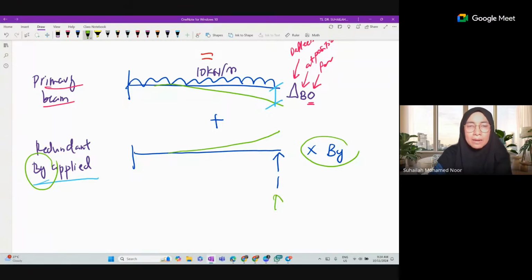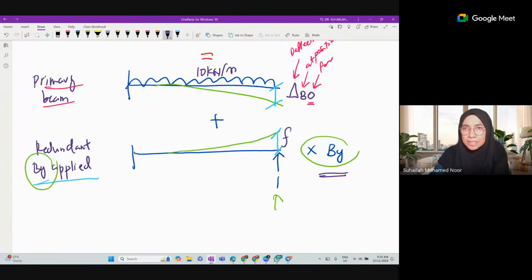Again, we mark the delta, like this. Look at the diagram carefully: this is a cantilever beam subjected to a unit value of By. So due to a unit value of By, delta is F.